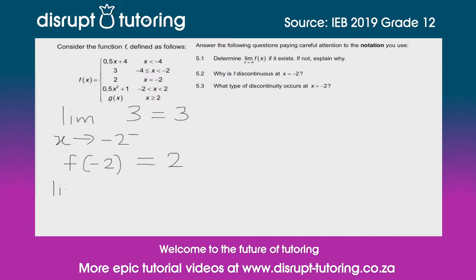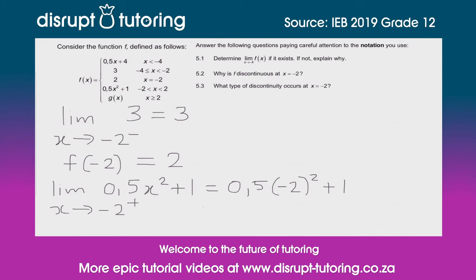Then the limit as x tends to minus 2 from the right. From the right, we would be looking at that part of the graph, which is the function 0,5 x squared plus 1, which is 0,5 times minus 2 squared plus 1, which is half of 4, which is 2, plus 1, which is 3.